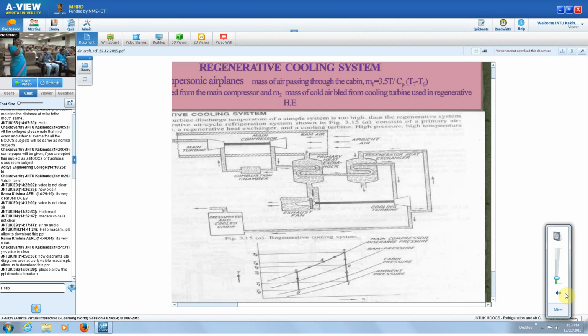The mass of air from the turbine is used for cooling in the regenerator also, because the exhaust from the turbine is at a temperature T6. Okay, so that will go at some other temperature, for example T8.